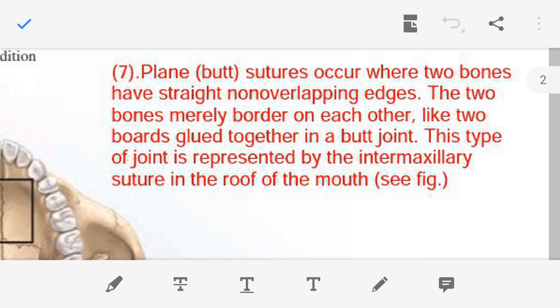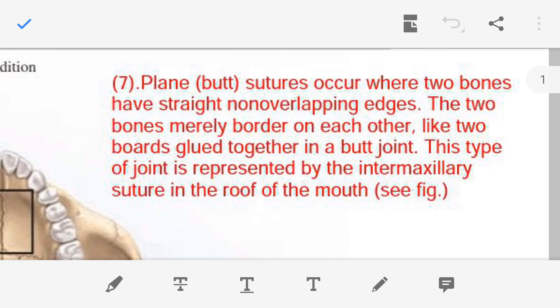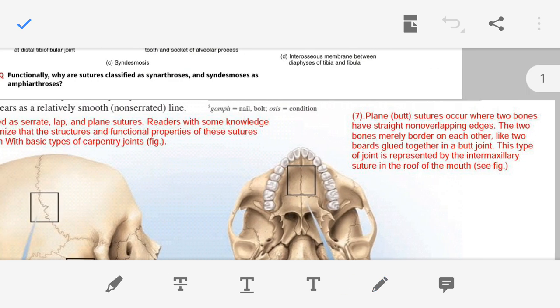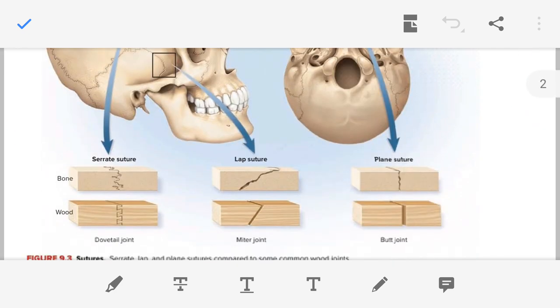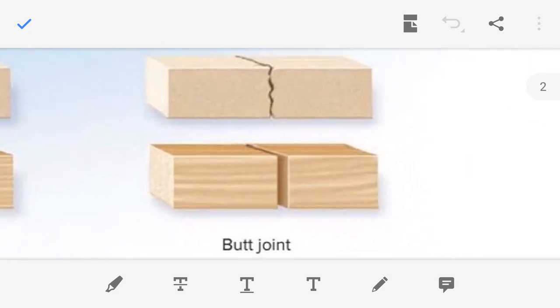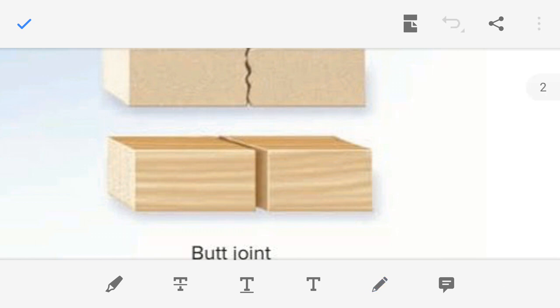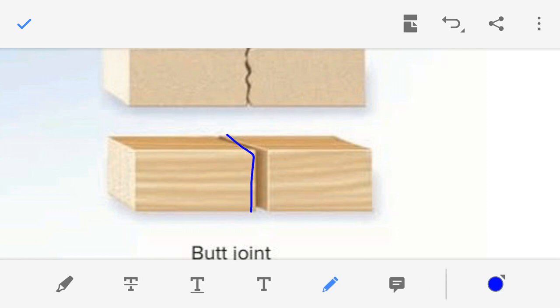Okay, and this intermaxillary suture is present in the roof of the mouth. In carpentry, it is like two boards glued together in a butt joint. For example, this is a piece of wood, and both the edges are very smooth and they are just touching each other.